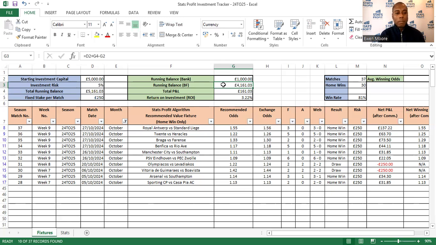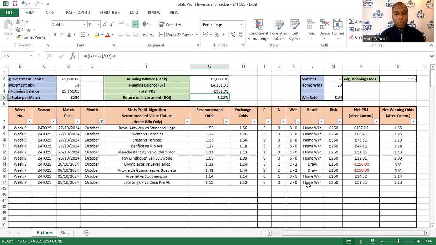I guess I just don't like to put everything in all at once. But the spreadsheet does help me track exactly what the financials are, what the numbers look like. You can see there's our total profit to date, 161.03, so slightly down from the month previously, but the return on investment figure is here, which shows us a 3.22% return on investment to date.